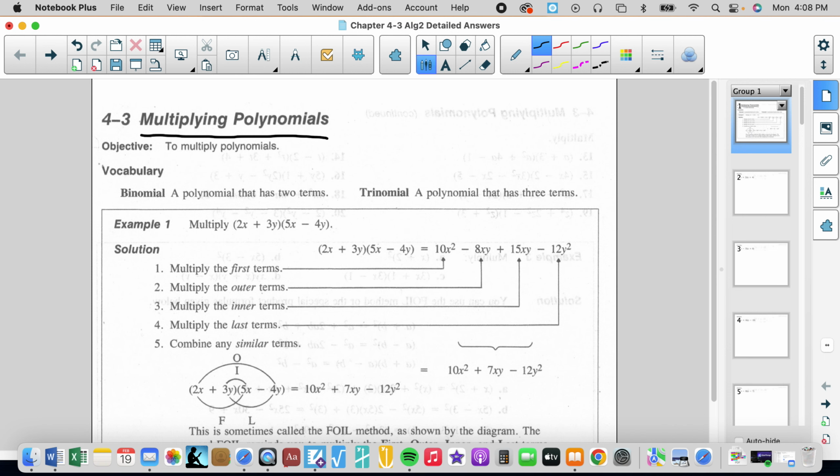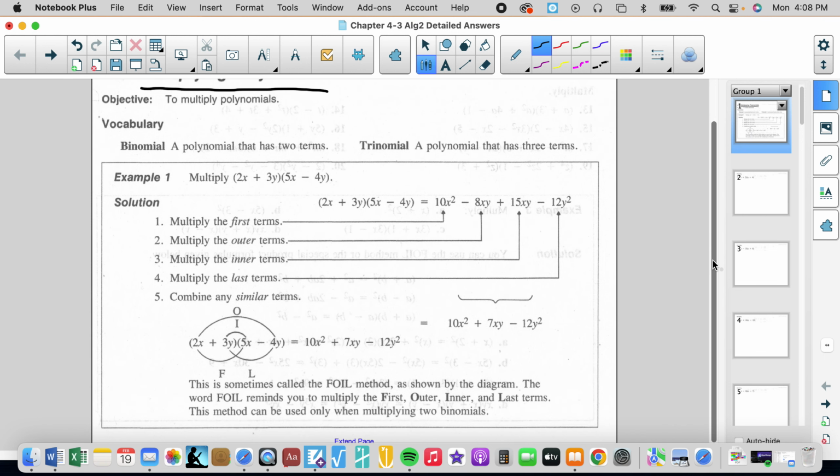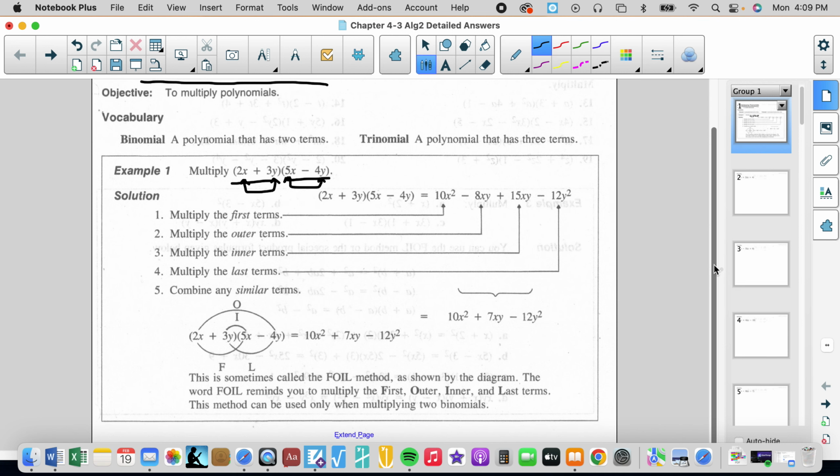So in this first example, you see a binomial times a binomial. Now it's a pretty sophisticated binomial because we have two variables, which is not very typical.